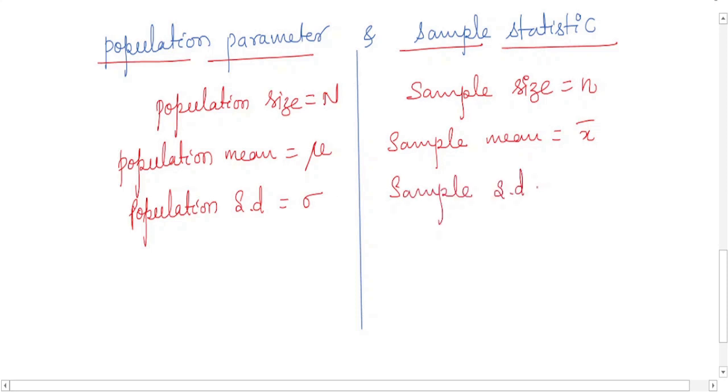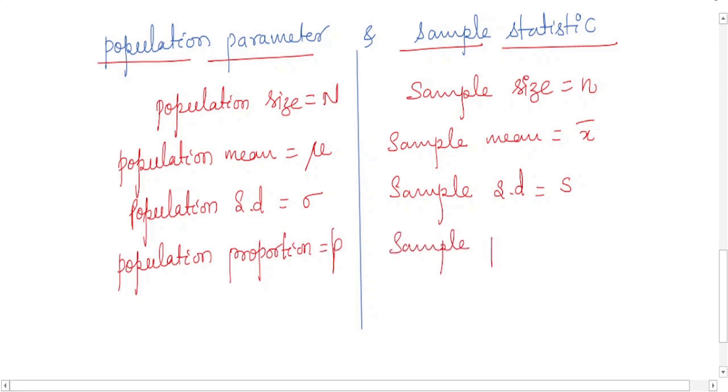Sample standard deviation we denote by small s, population proportion is small p, and sample proportion is p bar.